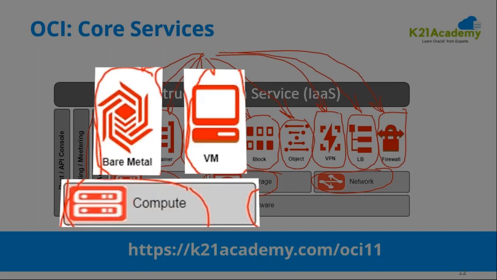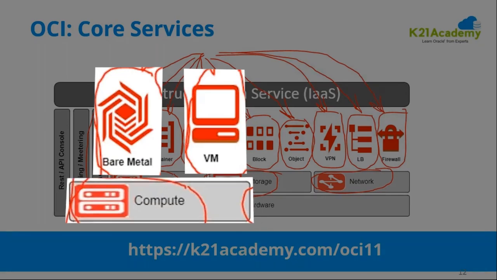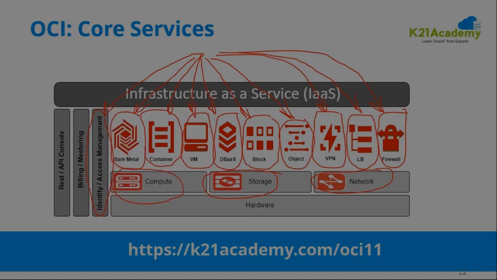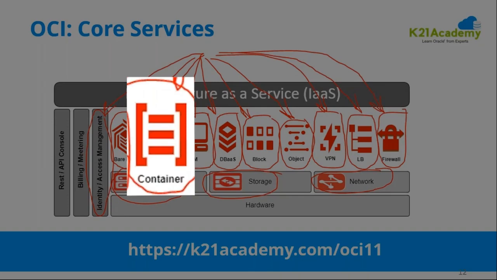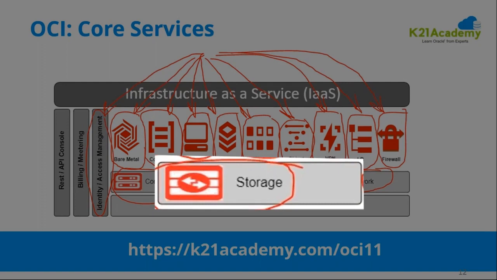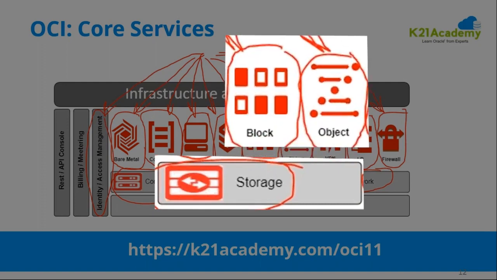Virtual machine is something wherein a hypervisor sits in between, and that is shared between multiple tenants. And the new generation deployment patterns like Kubernetes or application containerization are available as part of the service. Then from a core infrastructure perspective, you need to deal with storage. You have storage in terms of block volumes and object volumes.